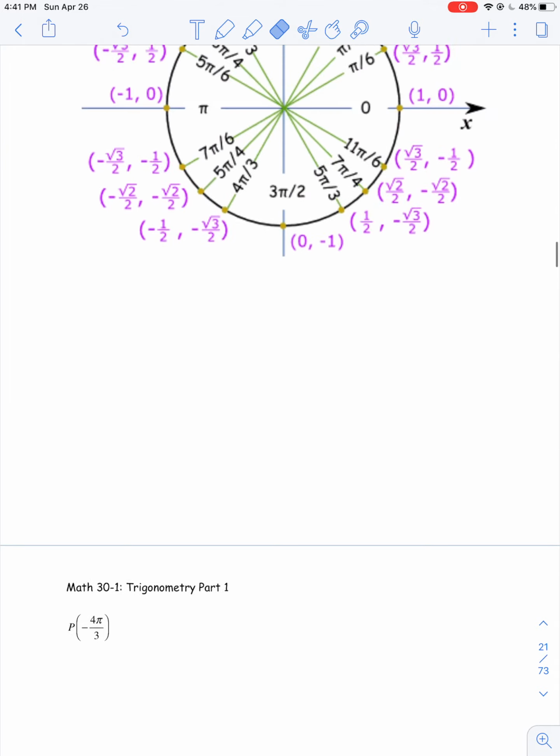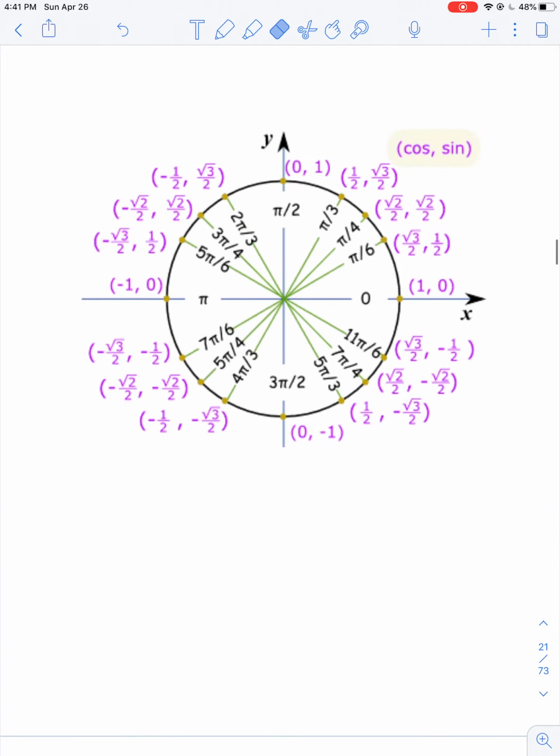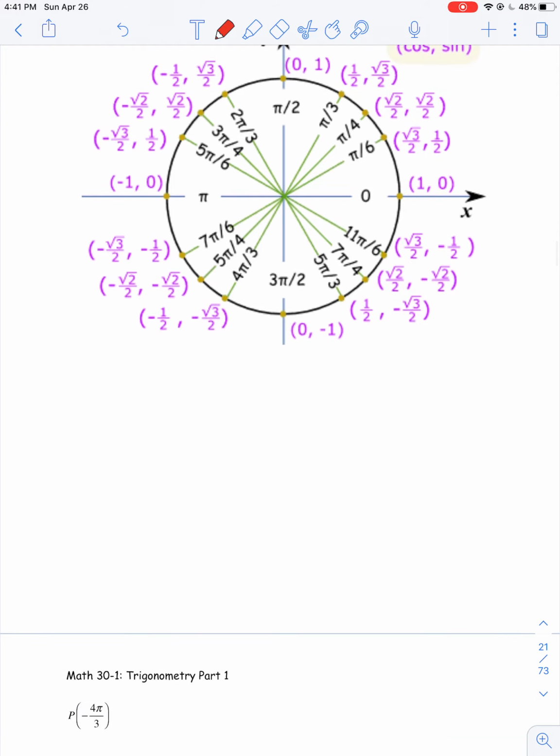Our next one, they're saying, what coordinates do you see for negative 4 pi over 3? So what you want to do is find negative 4 pi over 3. That just means that we're going in the opposite direction. So the only trick to this one, guys, is that you want to figure out what quadrant that is in, and then you just have to match it to the pi over 3 value.